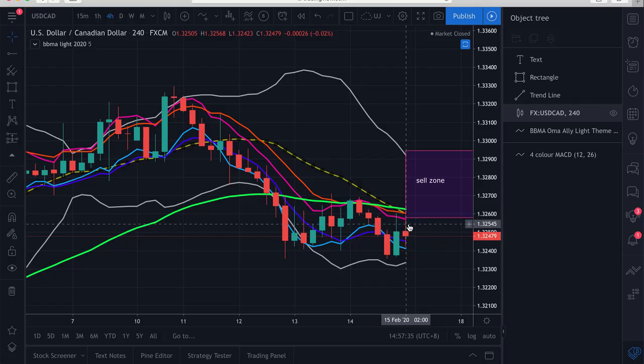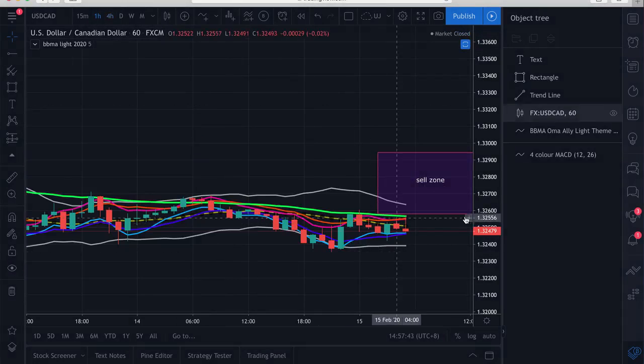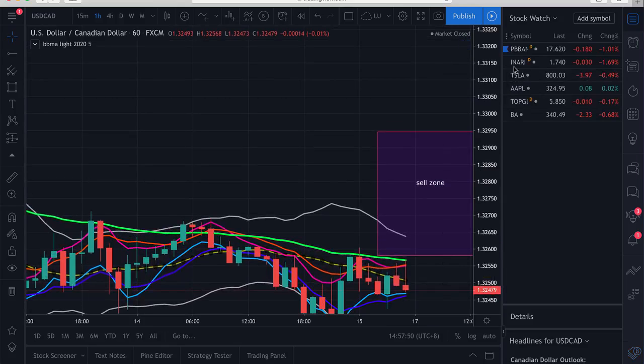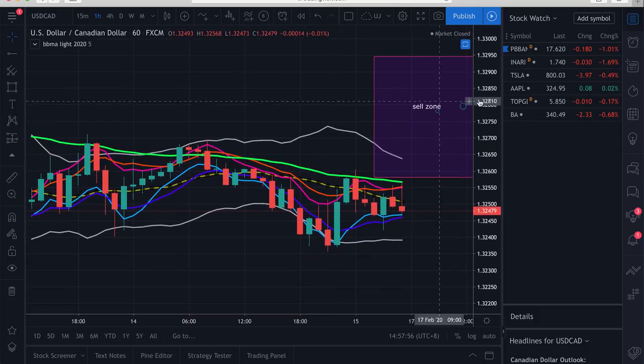So make sure you have a good money management for this, and this is a very strong setup. On H1, there's already a confirmation for the sell.